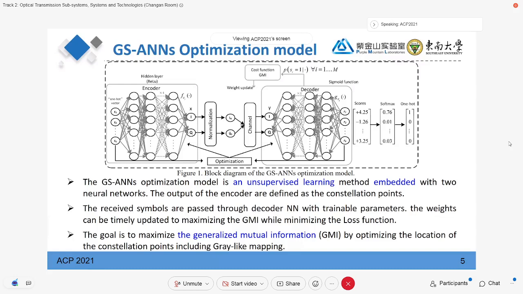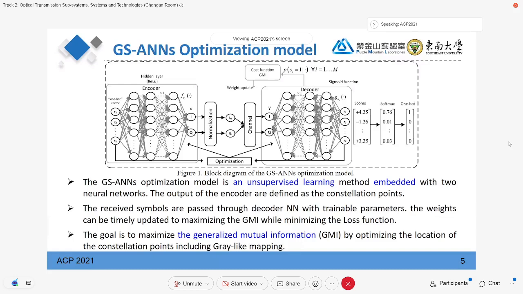At the transmitter, one-hot vectors are fed into the encoder neural network. The normalization before the channel enforces the power constraint. The output of the encoder is defined as the constellation points.